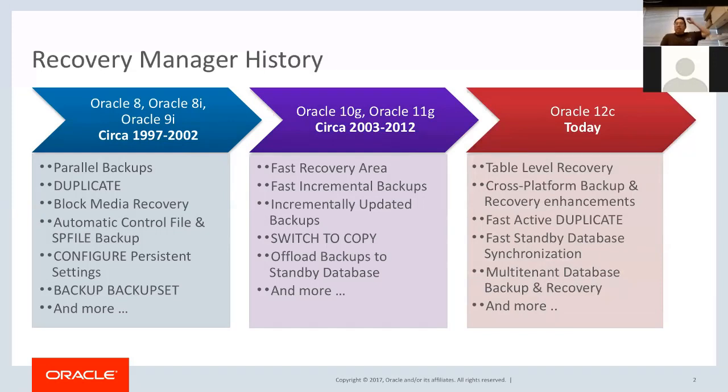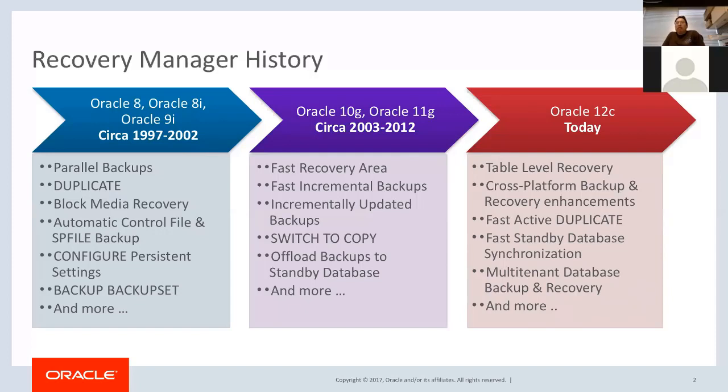Now, going into today's Oracle 12c and now 12c Release 2, and our upcoming 18c release, there are a number of features that we added, such as table level recovery, and the cross-platform backup and recovery support that I mentioned before for a common use case. Customers need to move from one OS platform to another over time. We also had enhanced active duplicate.